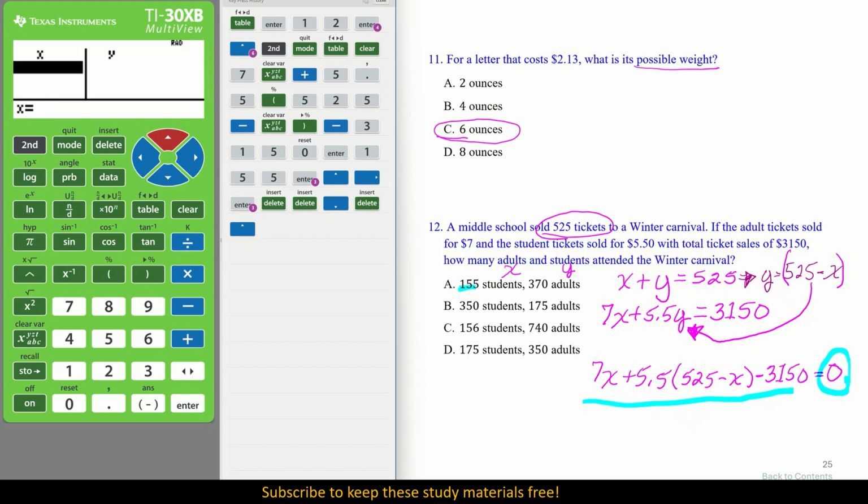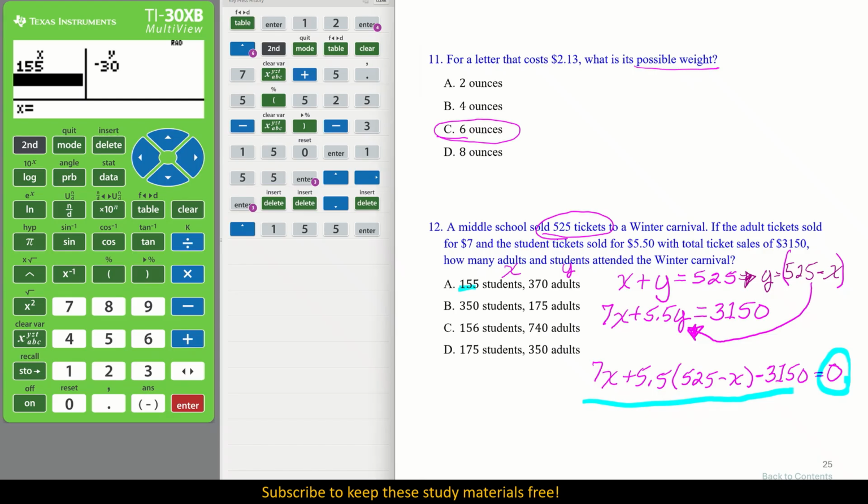Let's try 155. Oops, that's not 0. Remember, we're looking for the 0 right now. The x is the adults, right? We're looking for the 0 to see what the x is.